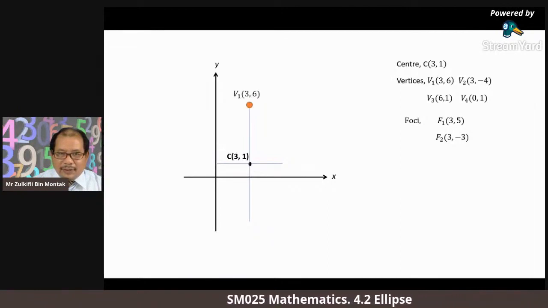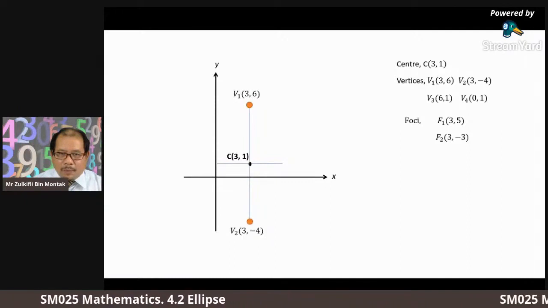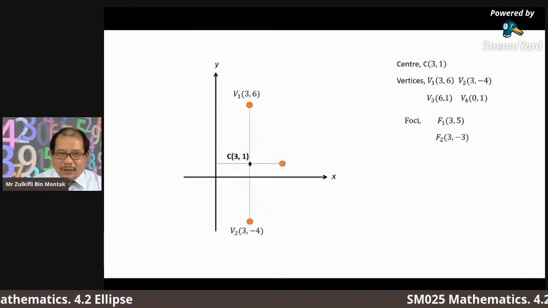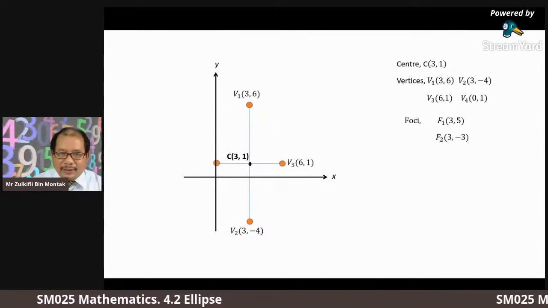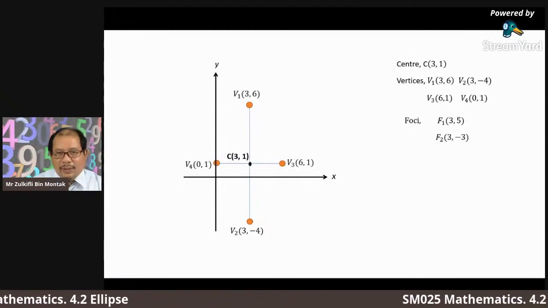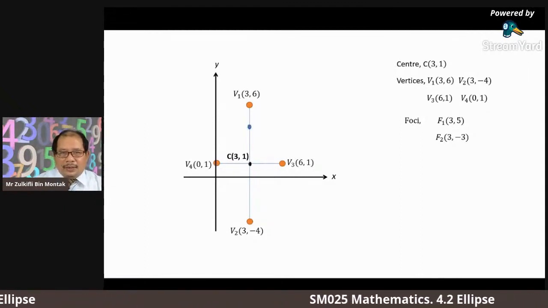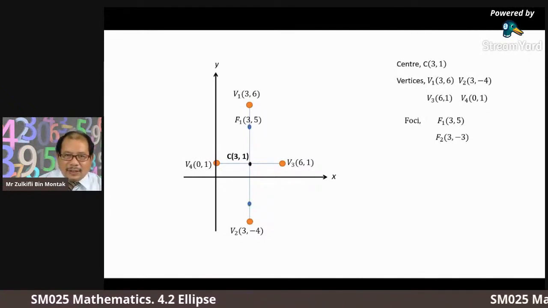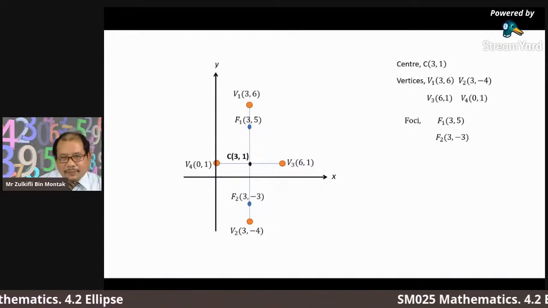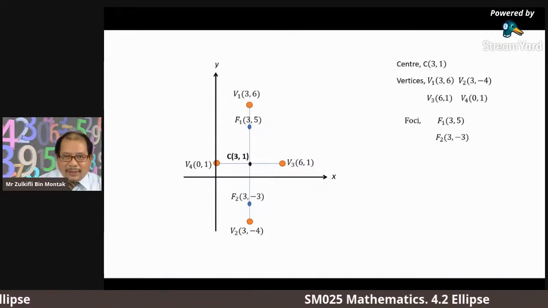The first vertex is (3, 6), the second vertex (3, negative 4), another vertex on the minor axis (6, 1), and another vertex is (0, 1). The first focus is (3, 5) and another focus is (3, negative 3). After that, we sketch the graph.